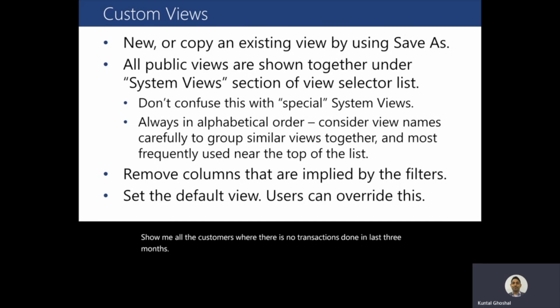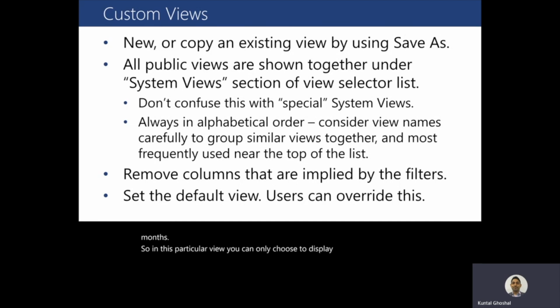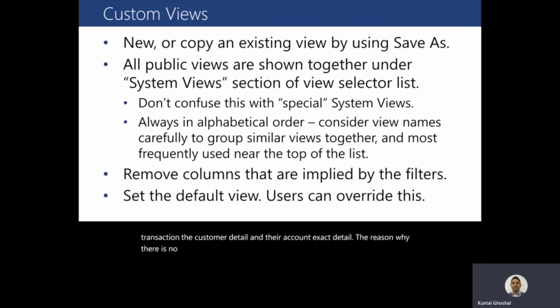In this particular view, you can choose to display only the customer detail, their account exec detail, the reason why there is no transaction, and so on. Alternatively, you can have a view which shows all active customers, where you get all detailed information like customer first name, last name, address, phone, their account executive, and their related status and all detail, which might not be required for a more specific view.